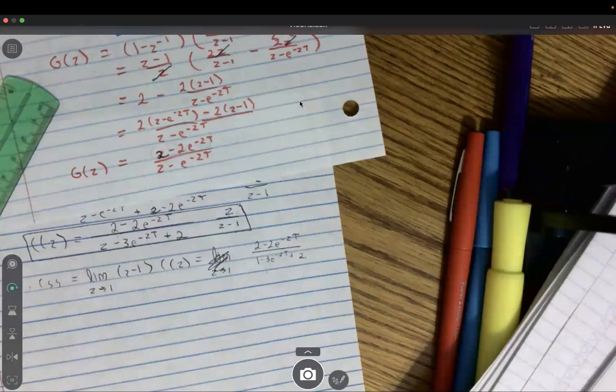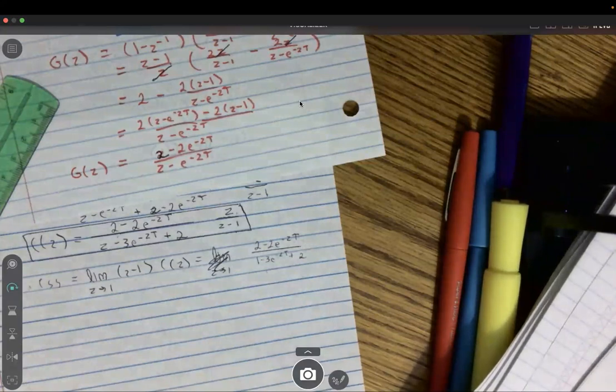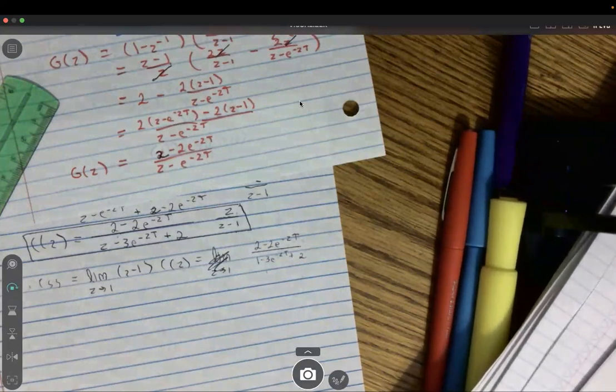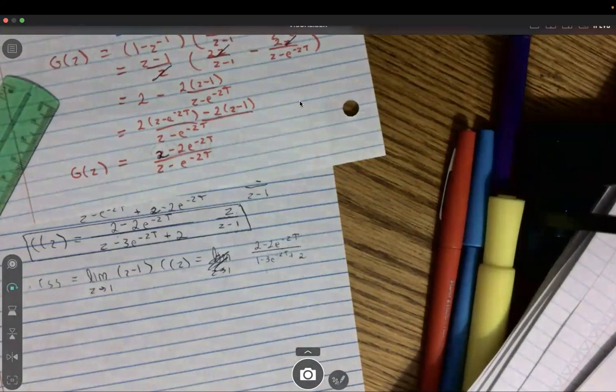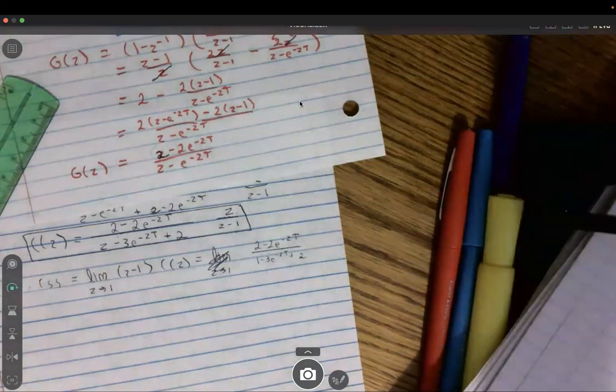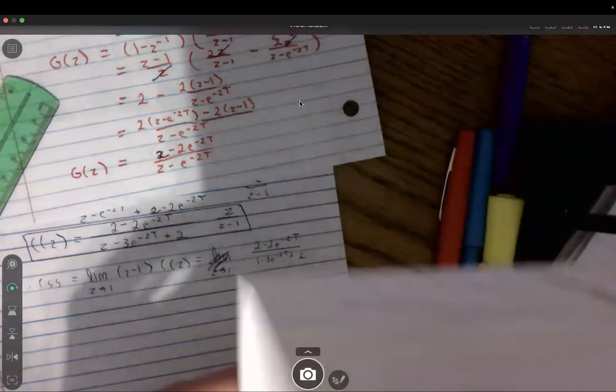For the closed loop time constant, we found 4 over s. He was just saying that he would give you the p value that you'd have to plug in to find the final value here.